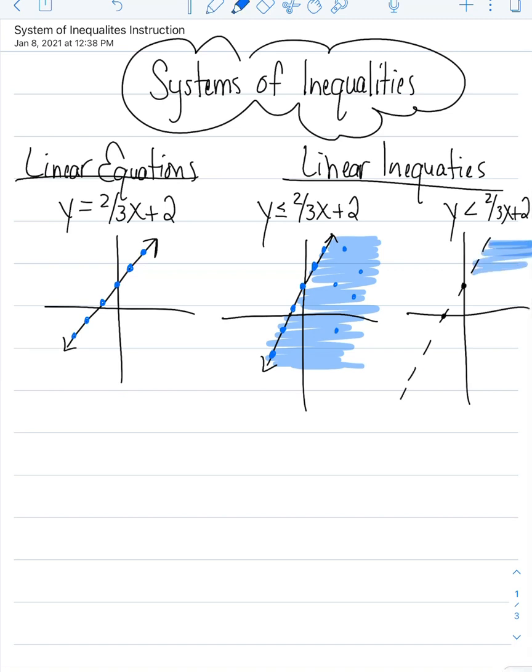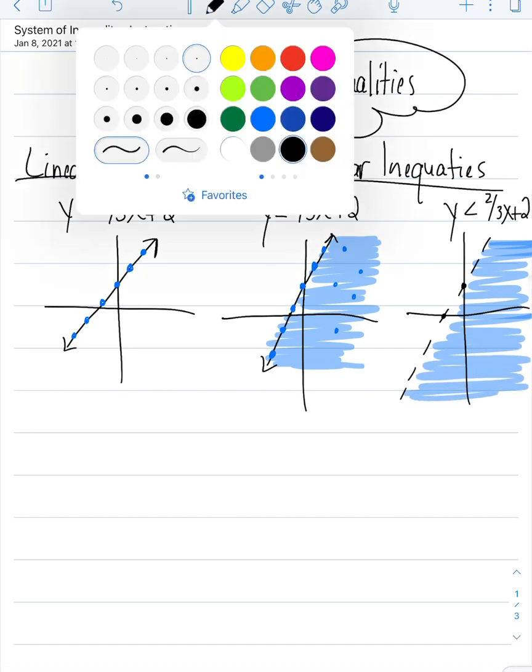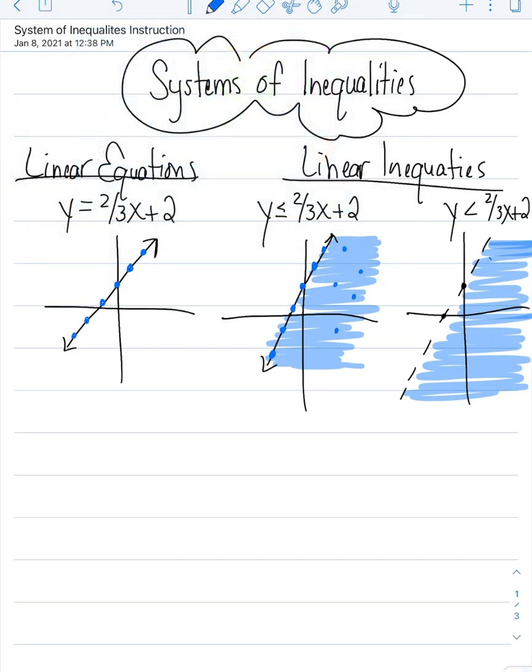If you'll remember, we did test points to decide where to shade. I'm not going through all that again, but just a reminder. Every single point that's in the shaded area will make that inequality true, but not on the line, because it says y is less than 2/3 x plus 2.